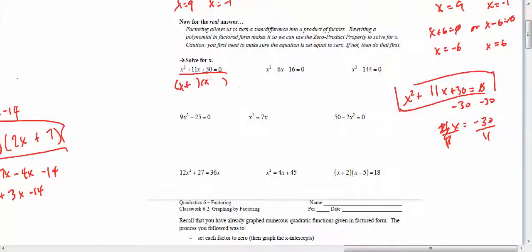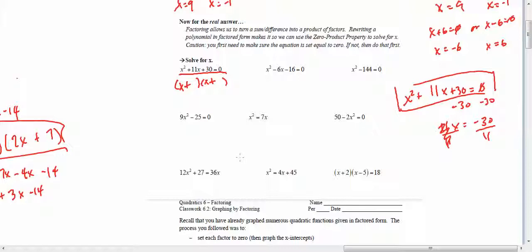Good. What are the number options that I can choose from? What are the factors of 30? 6, 5, 10, 3, 2, 15. Which one do you want to use? 6, 5, 2, 15, 10, 3, 1, 30.